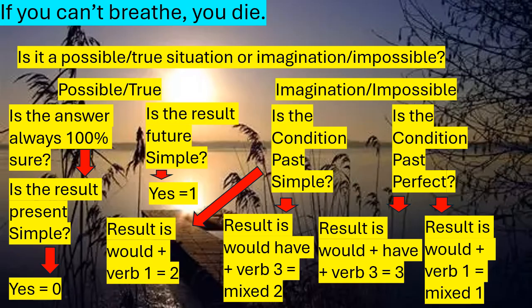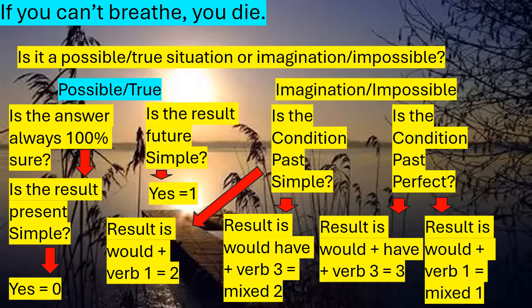Okay, now a new sentence in blue at the top. If you can't breathe, you die. So question 1, is it a possible true situation, or is it imagination or impossible? And the answer is it's a possible or true situation. Next question, is the answer always 100% sure?